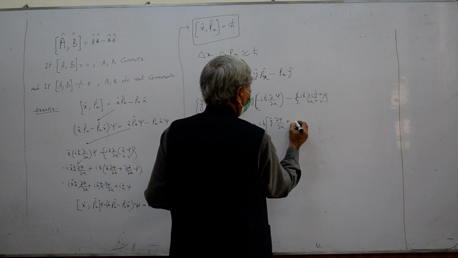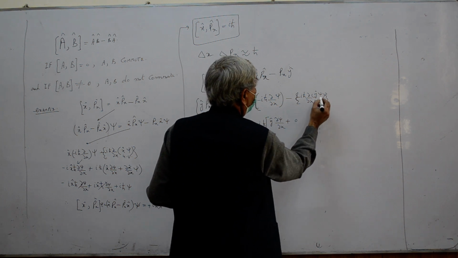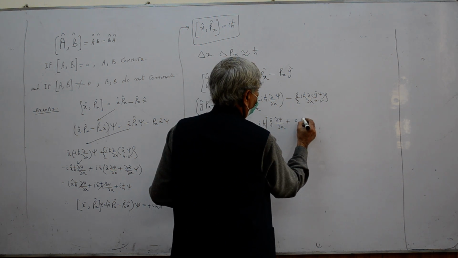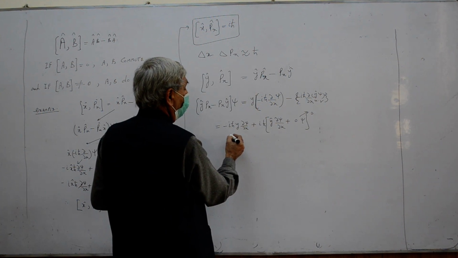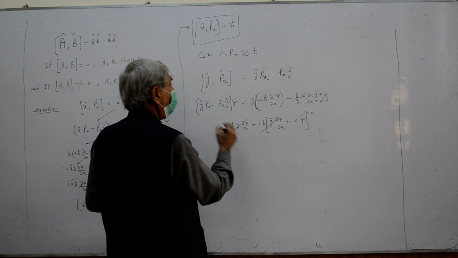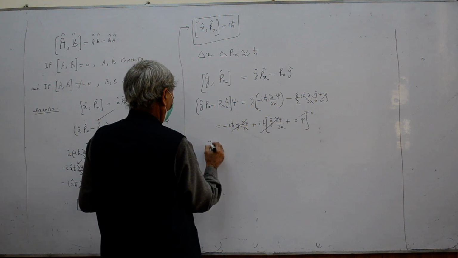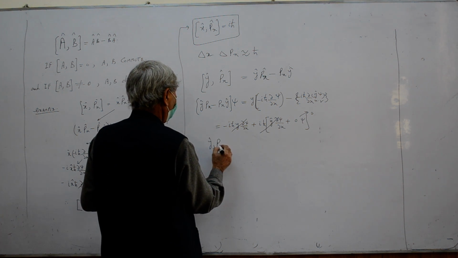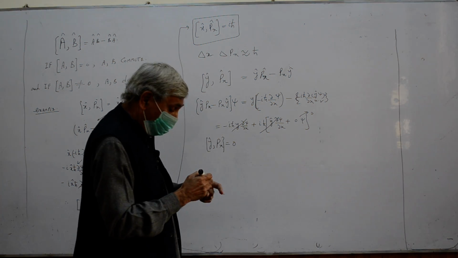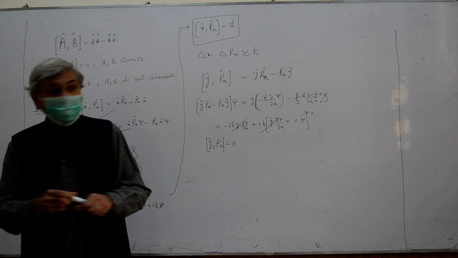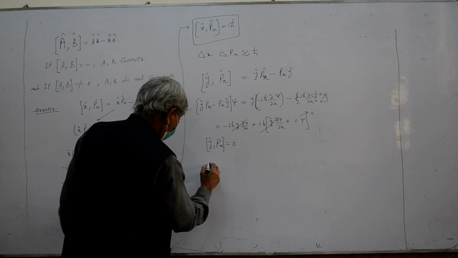What is that? 0, and so that is 0. These two being the same, they cancel out, and hence the commutator of y and px is equal to 0.